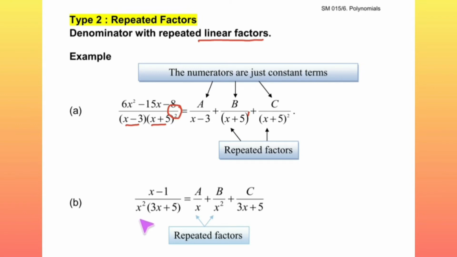So to express in partial fractions, it should be A over x plus B over x squared. And then the second factor, 3x plus 5, is linear, so it should be C over 3x plus 5.